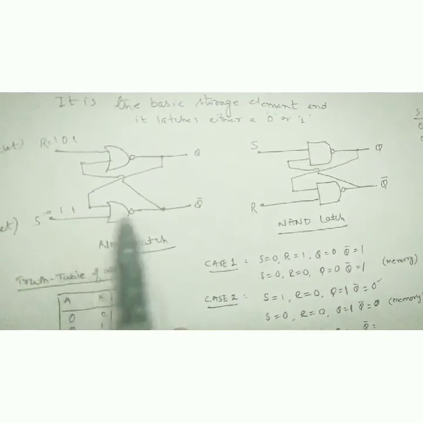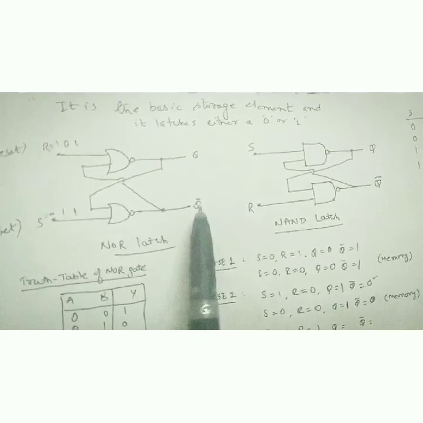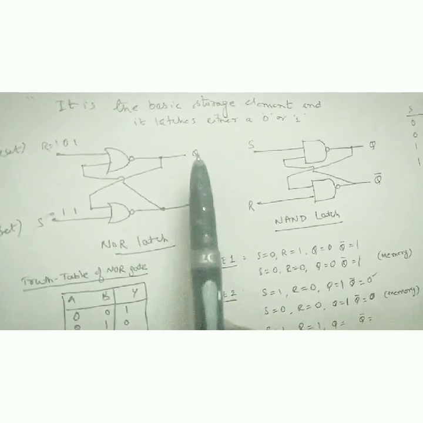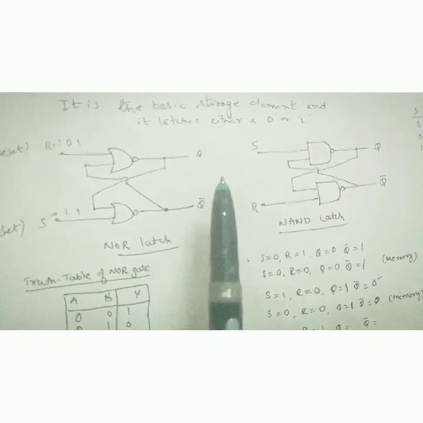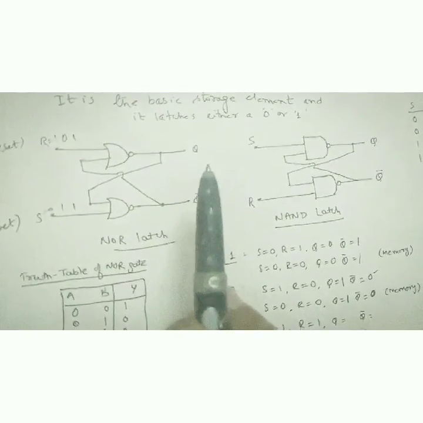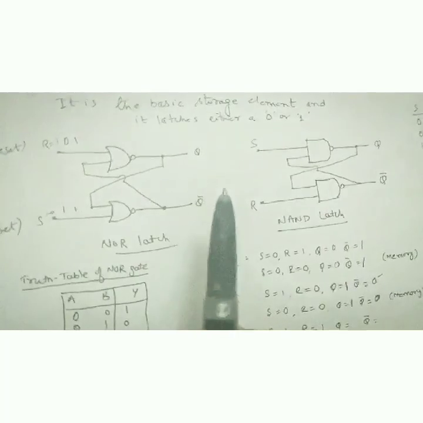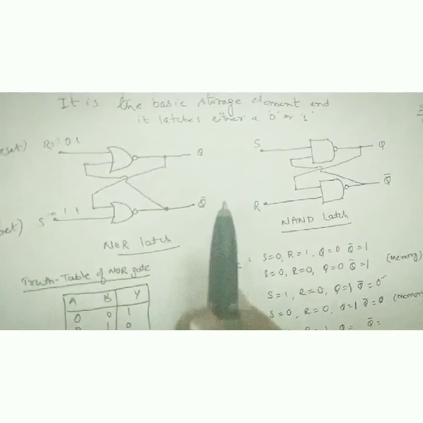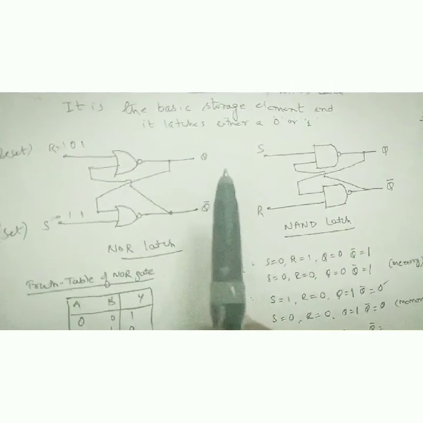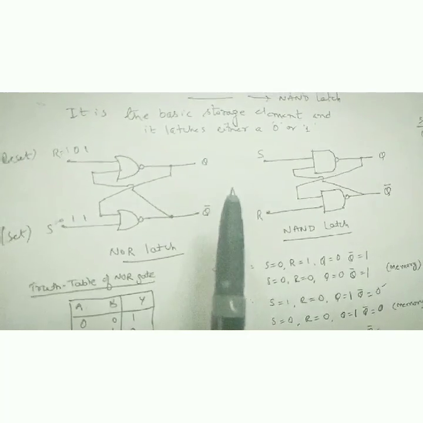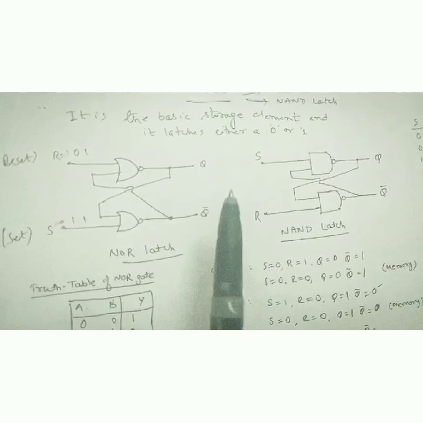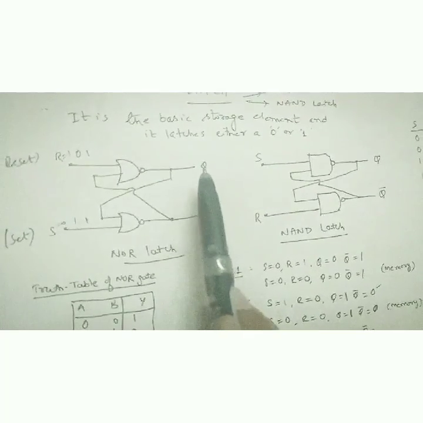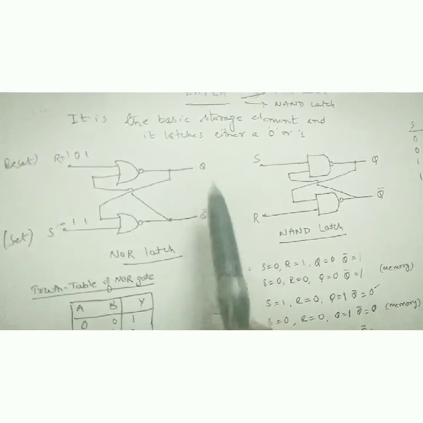This will cause Q bar to become 0 and Q also to become 0, which violates the principle of a latch or a flip-flop, since the property of these is that they maintain normal and complement outputs, that is they have to be either 0 and 1 or 1 and 0.